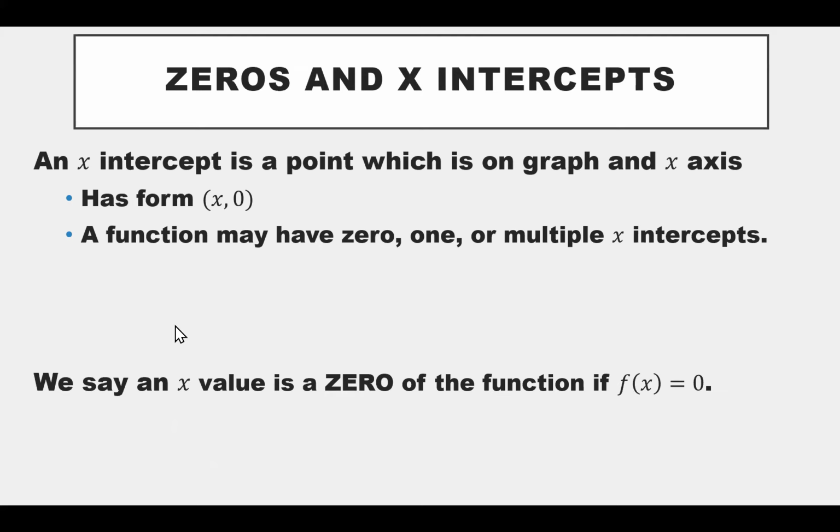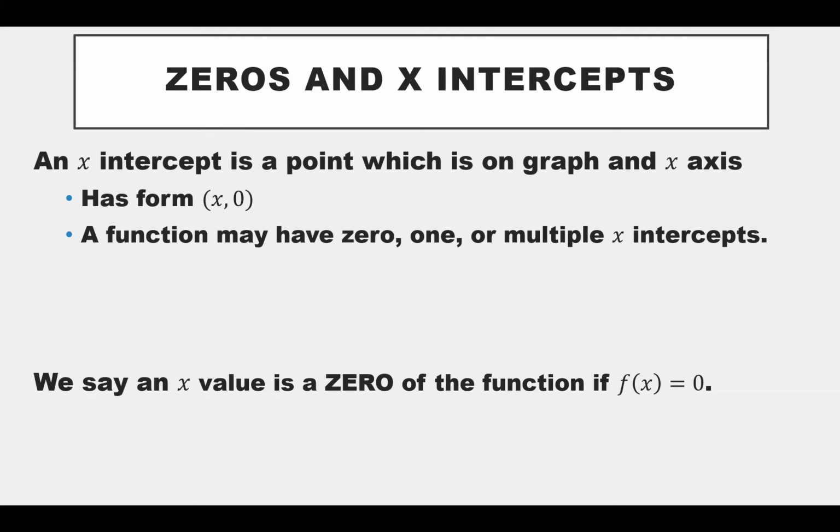Now, in order to expand the vocabulary here, an x-intercept we know is a point on the graph and has the form x comma 0. So it's on the x-axis and on the graph as well.